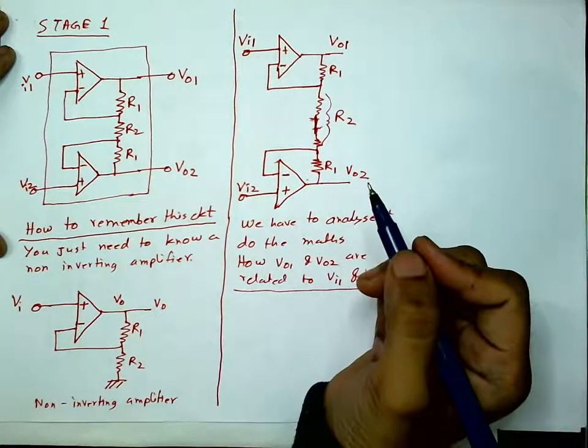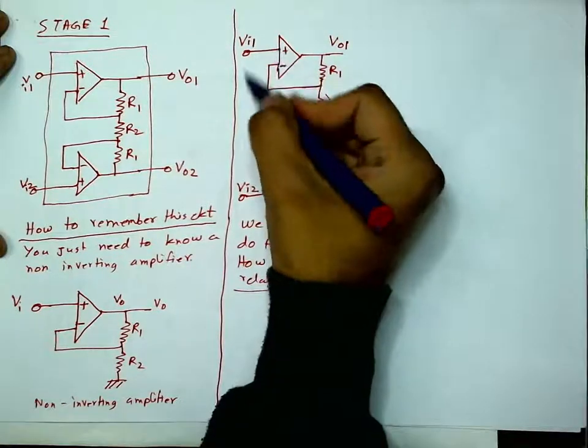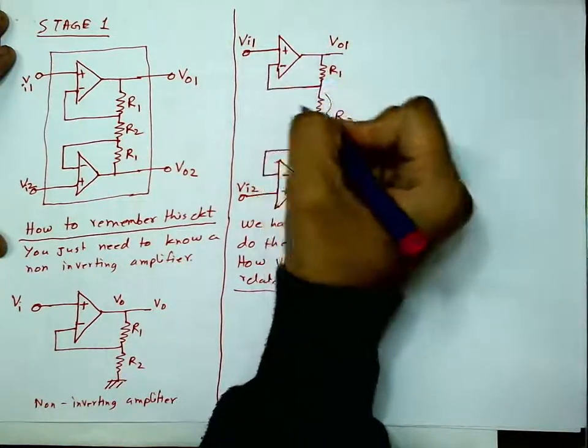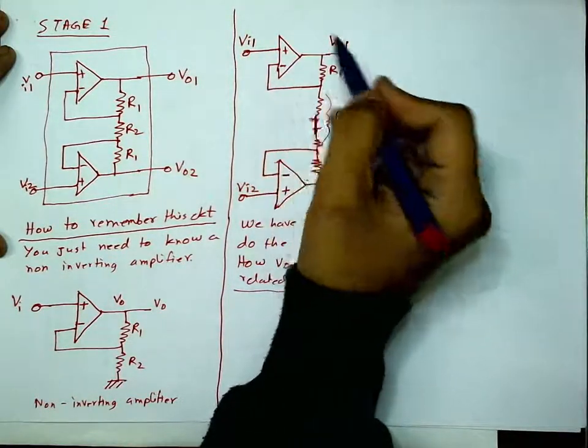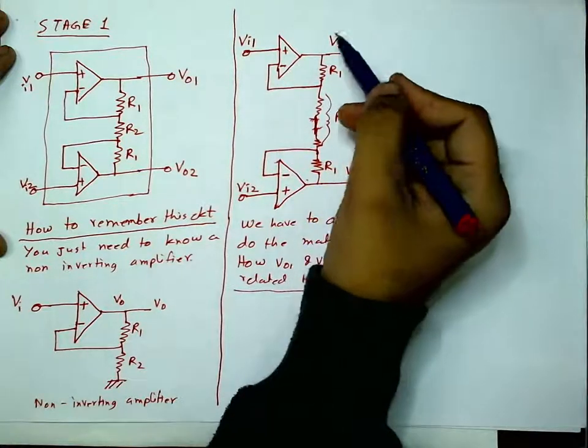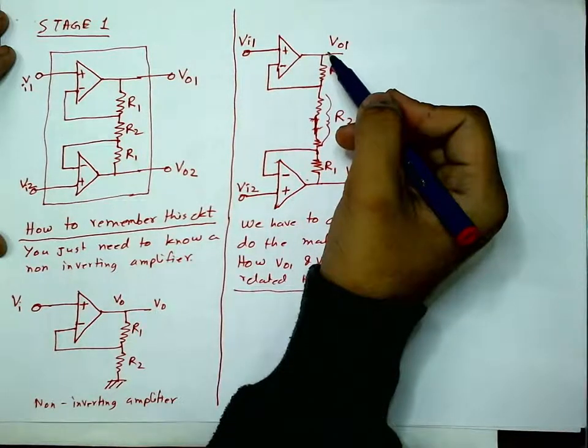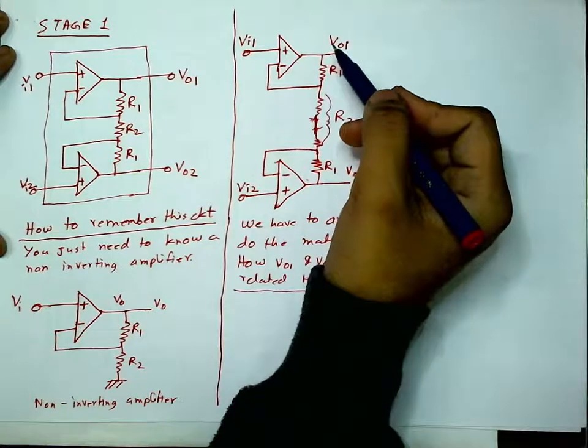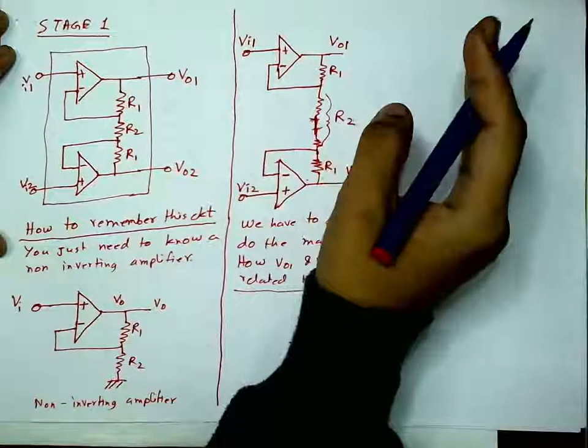So this part itself is a non-inverting amplifier. That's how we have drawn it. At least it seems like we have to do more rigorous justification, but okay.